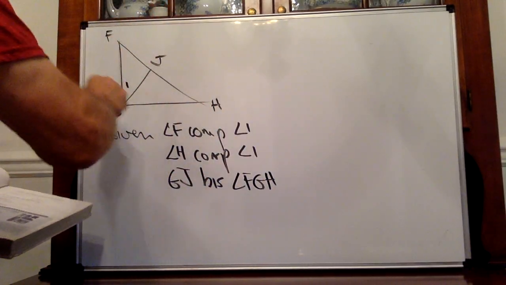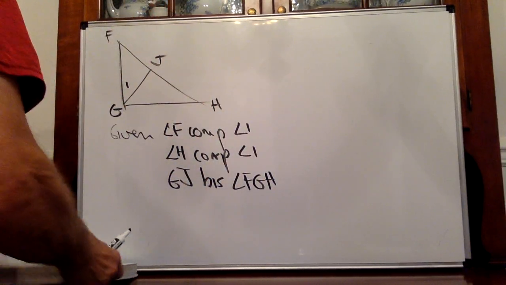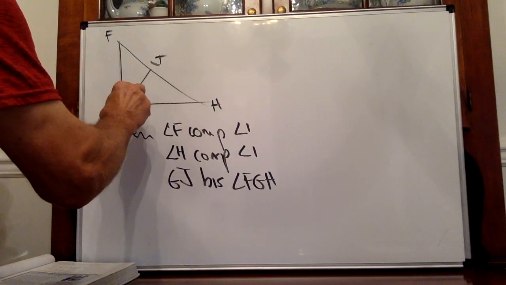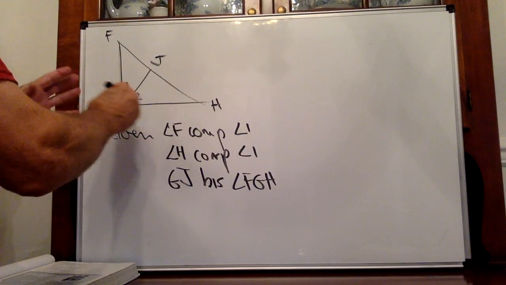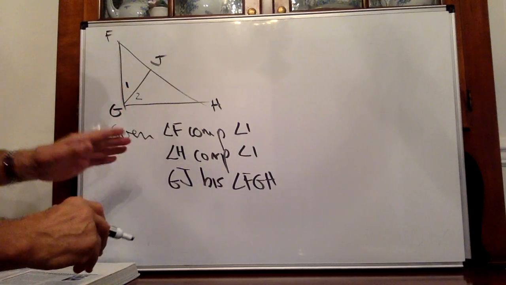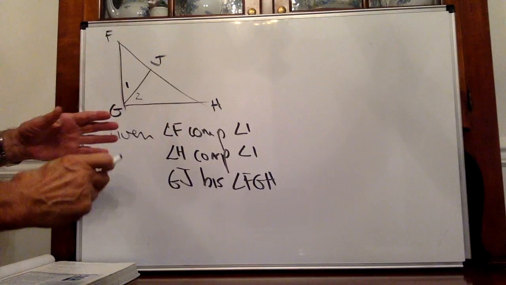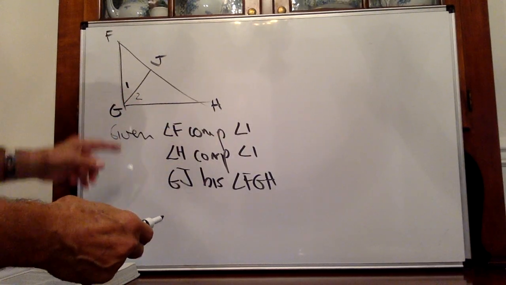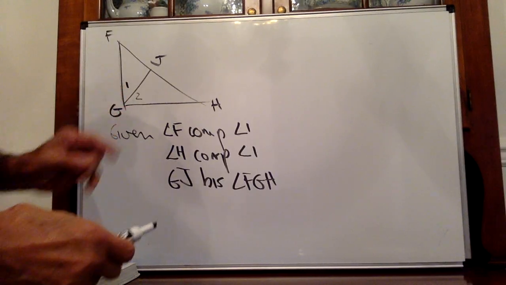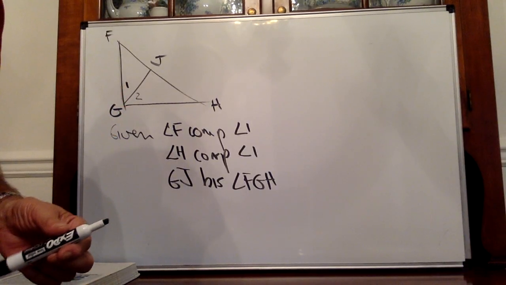So this bisects this angle. So I'm going to call that angle 2. Again, if you're doing this problem and you use numbers, that's fine. It makes it easier. When I talk about angle 1 and 2, that's a whole lot easier than talking about FGJ and HG. You have to look it up. So it's much simpler when you have multiple angles at the same vertex to use numbers.